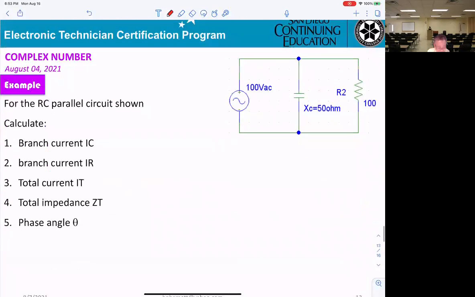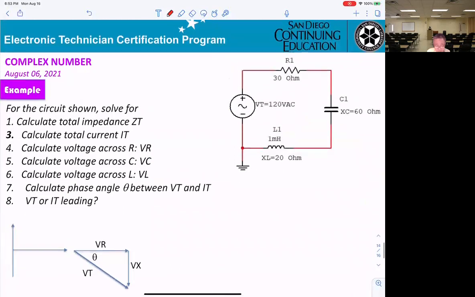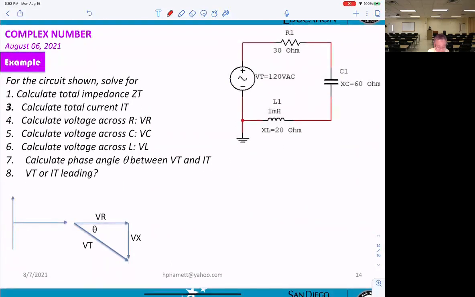Now try to do this one. XL is J20, then XC is minus J60.